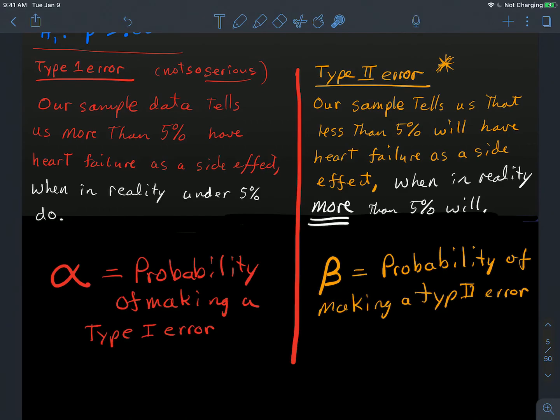We would do all we can in the design of our sample collection and the design of our experiment to make sure that beta is as small as possible, because this is the mistake we don't want to make. Even if making beta small sacrifices making alpha a little larger, we're going to be okay with that. And this is why it's important to really know the type 1 and the type 2 errors, because it helps you make some sound decisions, and it helps you be safe as a data analyst.